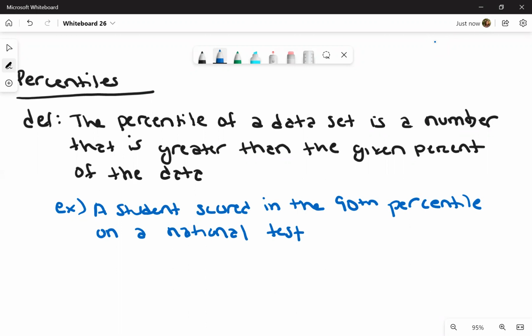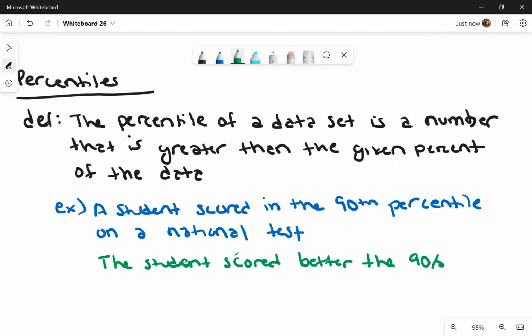Okay, here's what that means. That means that the student scored better than 90% of the other test takers. I like that phrase. So that's what that percentile means.